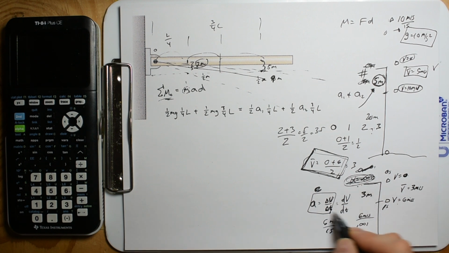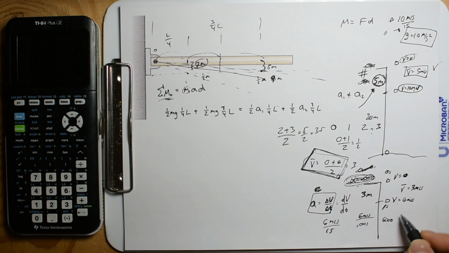Holy hell! You would have an acceleration of 6,000 meters per second every second. If you already did 6 in a thousandth of a second, well, you have 1,000 thousandths in a second, so your acceleration in 1 second would be 6,000 meters per second. You know what I mean? So just keep that in mind.